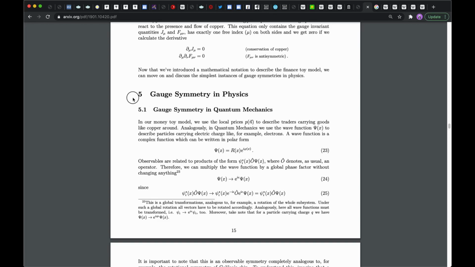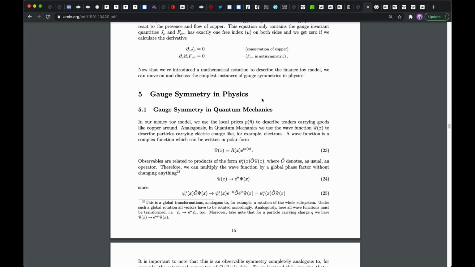So in section 5 of the article, Jacob talks about gauge symmetry in quantum mechanics, and afterwards gauge symmetry in electromagnetics, and afterwards talks about how we combine those. So they're connected between themselves.